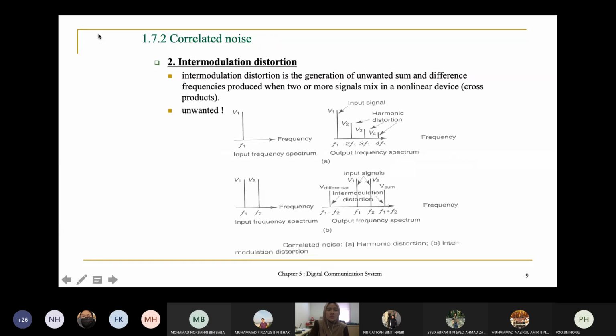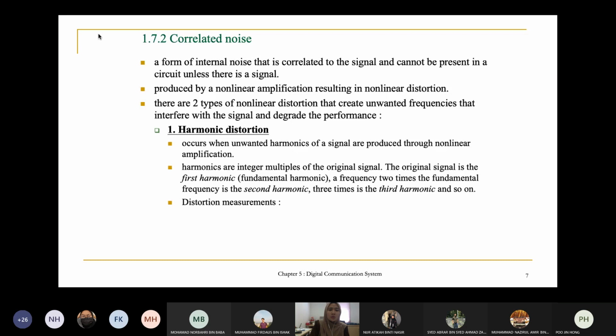Now let's look into the harmonic distortion. Harmonic distortion occurs when unwanted harmonics of a signal are produced through non-linear amplification. The harmonics are integer multiples of the original signal.